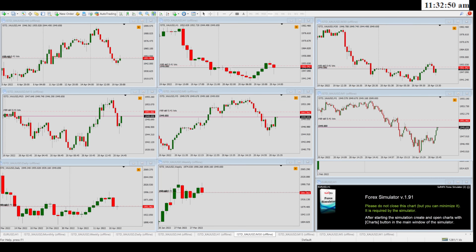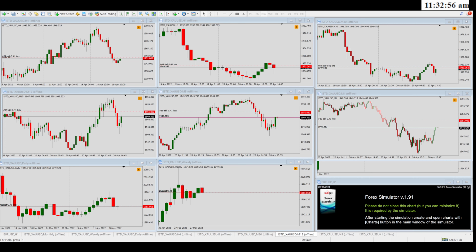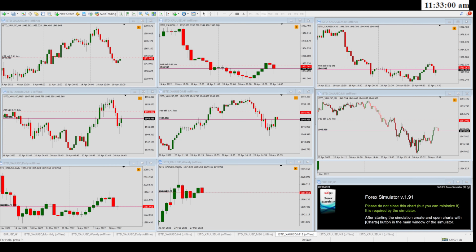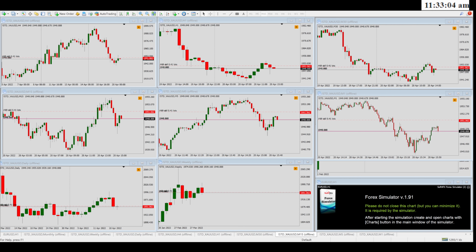Alright, at this point we have broken above the previous M15 candle high, which is a sort of a concern. Now, first of all, there are a few things that I would like to mention. The H4 candle has closed with a rejection.